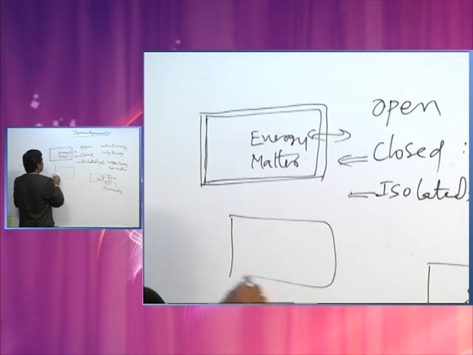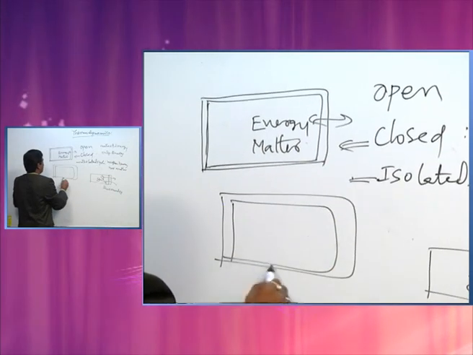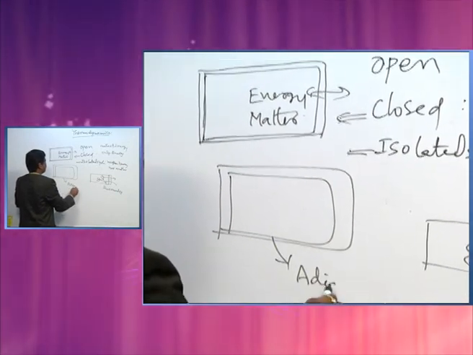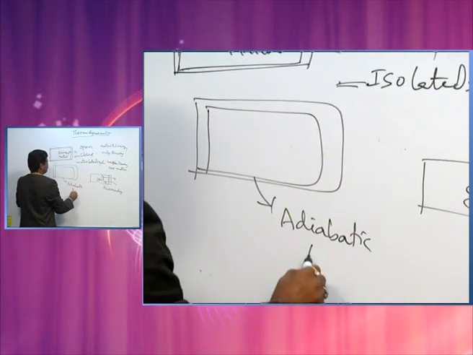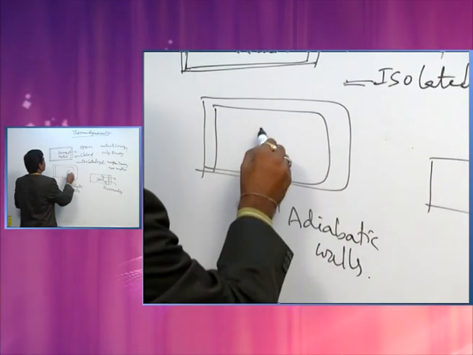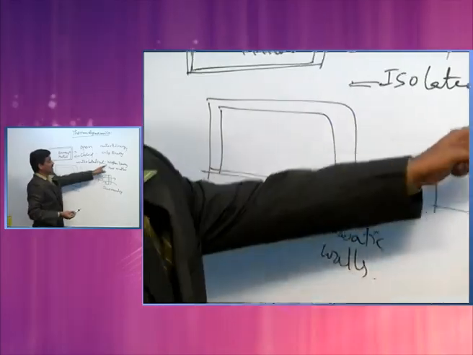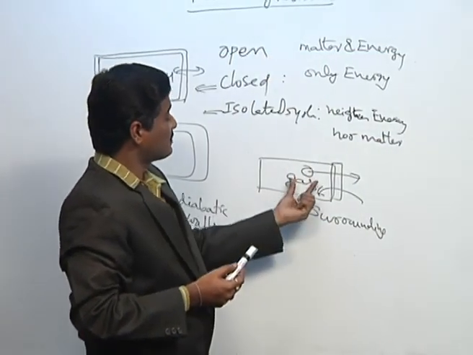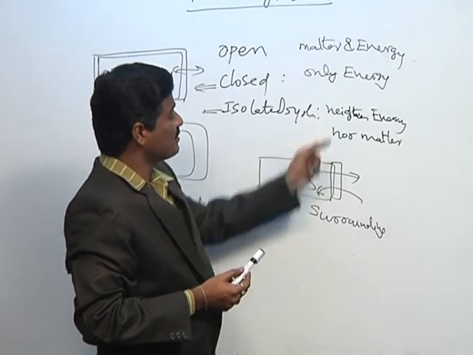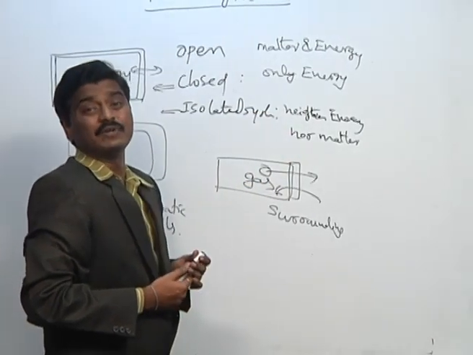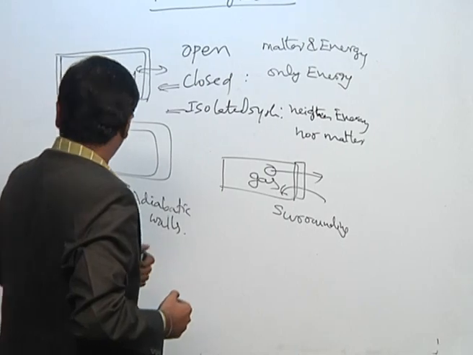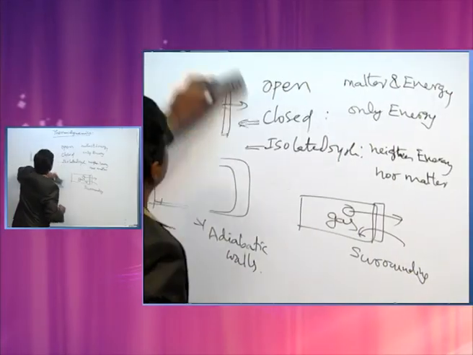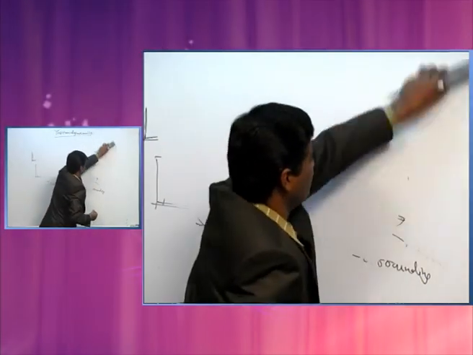Suppose if you take adiabatic walls, in this case neither energy nor matter can transfer. In the branch of thermodynamics, how the system can transfer both energy and matter with the surroundings, we are going to discuss. In the laws of thermodynamics, first I am going to discuss the first law of thermodynamics.